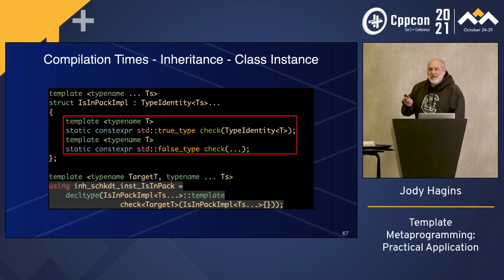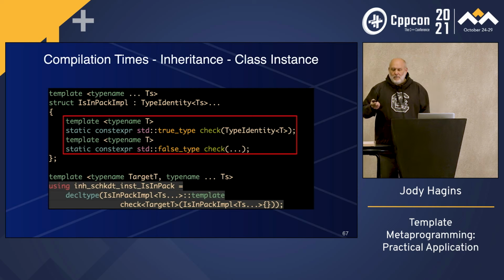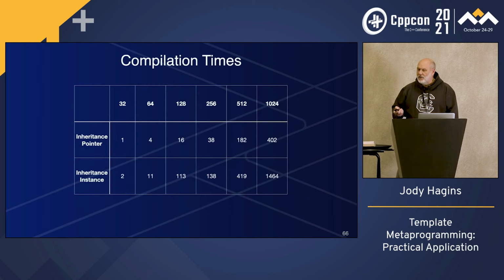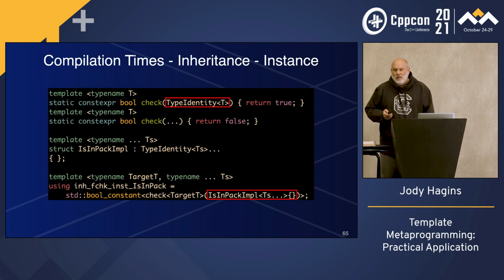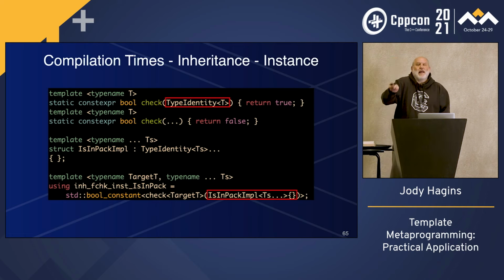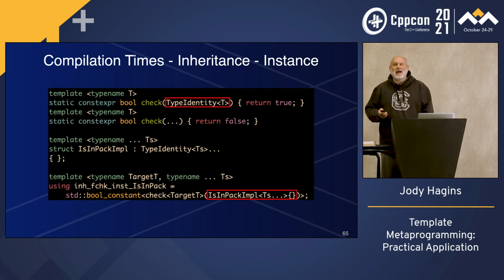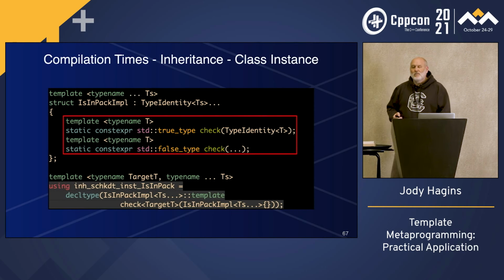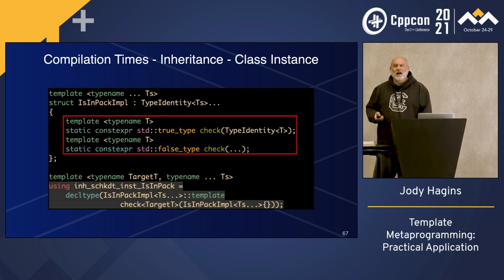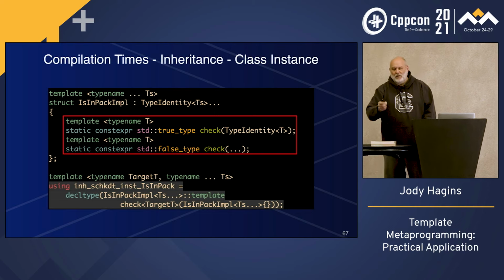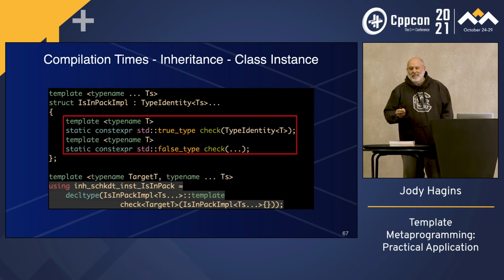So this one is just slightly different than the other one. If you remember the other implementation, we'll go back so you can see it. The check functions are free. They're in a namespace. They're not inside of the struct. But in this implementation, they're static inside of the struct. That is the only difference between these two implementations. Everything else is the same.